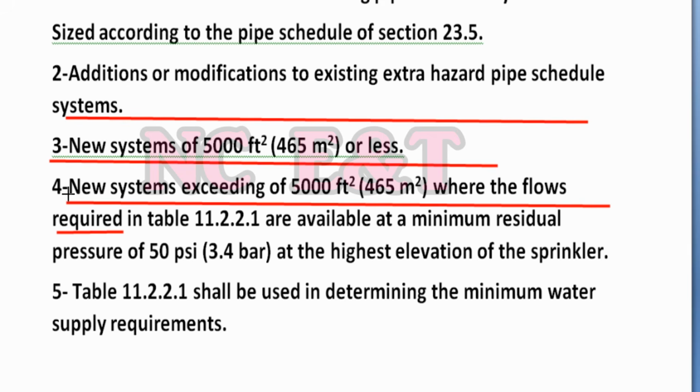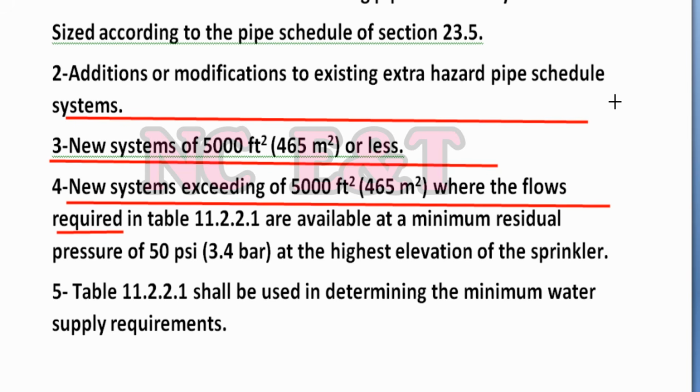Number 3, a new system up to the area of 5000 square feet or less. Number 4, a new system exceeding 5000 square feet where the flows required in table 11.2.2.1 are available at a minimum residual pressure of 50 psi.